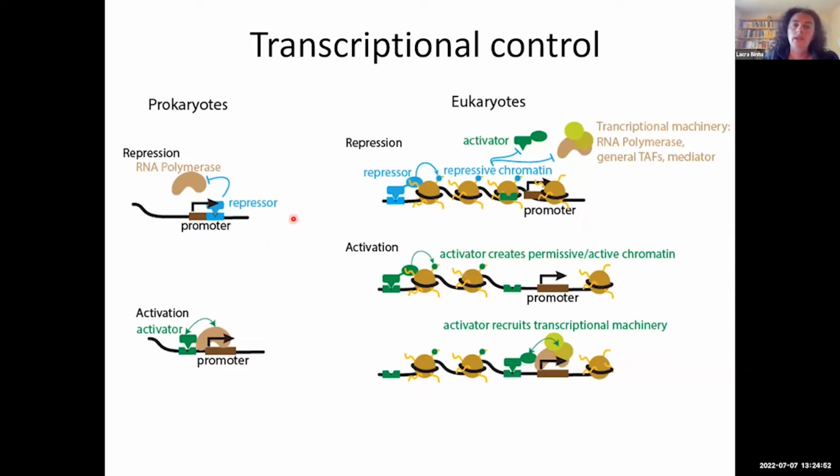And then the opposite of that are repressors. In prokaryotes it is simpler. Generally, repressors just compete for binding with RNA polymerase, but in general that's not the case in eukaryotes.